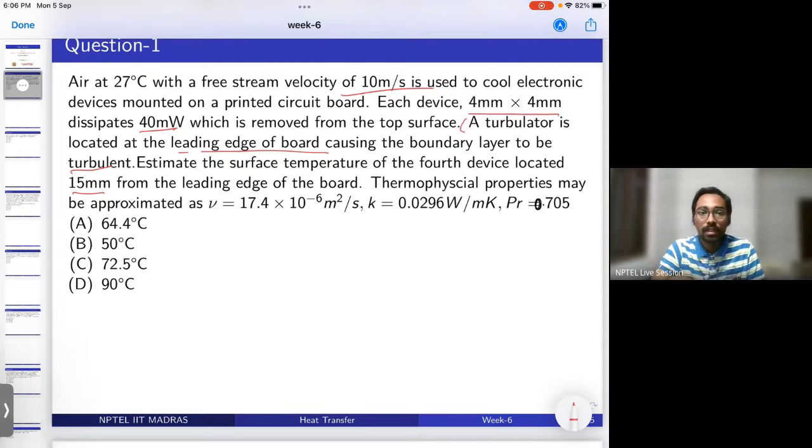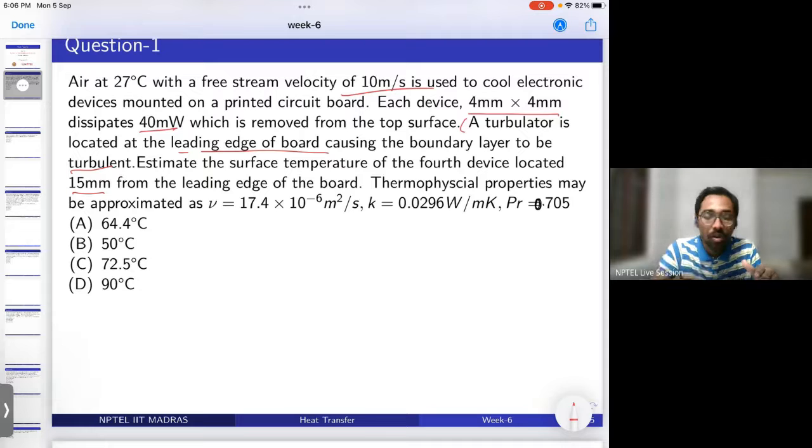So in these conditions the flow is turbulent from the initial state itself, so there is no laminar flow at all. This can be done by using different techniques. So in this case we have to consider that the flow is entirely turbulent from the leading edge of the plate onwards.